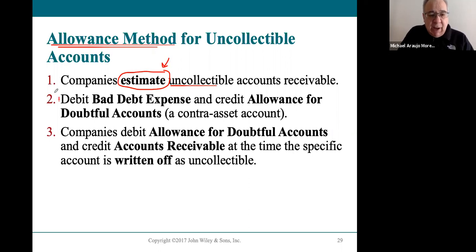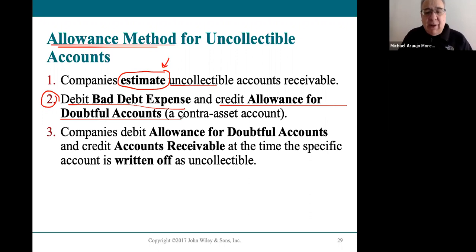So at the end of the accounting period, if they're a corporation following GAAP, they're going to debit bad debt expense one time at the end of the period. And they're going to credit that contra asset account that was introduced a few slides ago, the allowance for doubtful accounts.